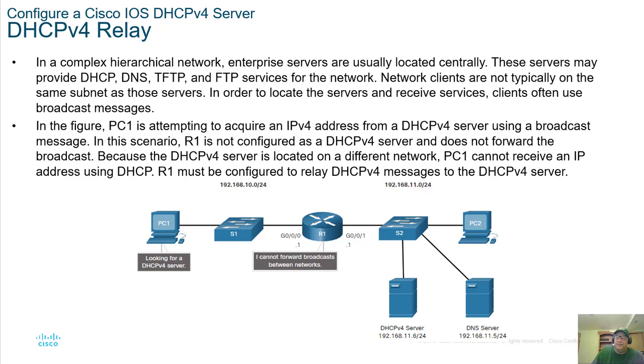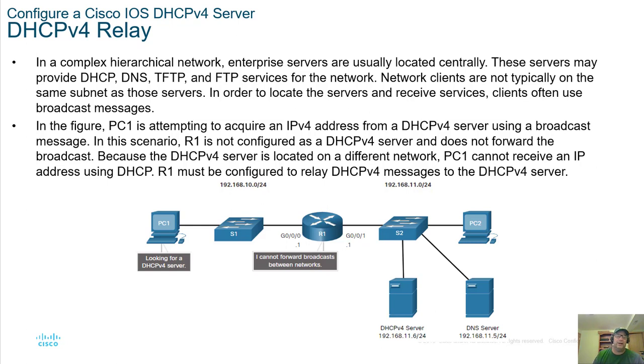However, and this is in the labs too, you can put all of your DHCP pools together on one router or on one DHCP server someplace, and then you can instruct your routers to repackage the broadcast messages and send them to a DHCP server on another network.